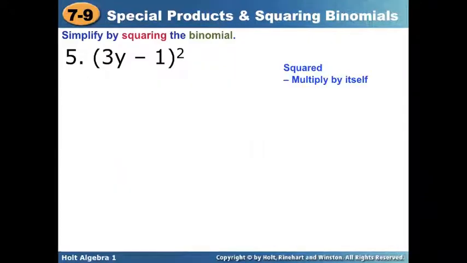We must write it out twice. Squaring means times itself. So take 3y plus a negative 1, multiply it times itself, 3y plus a negative 1.